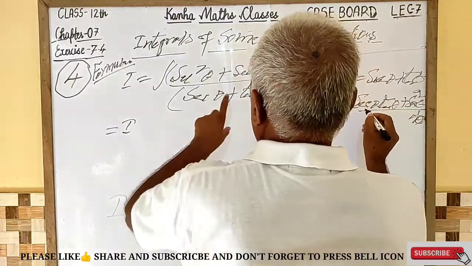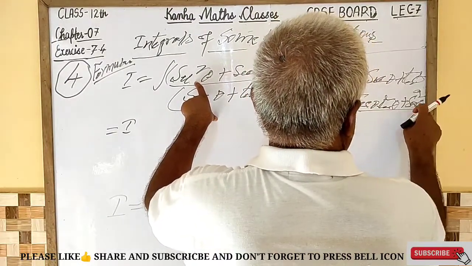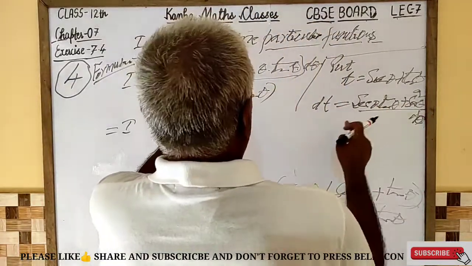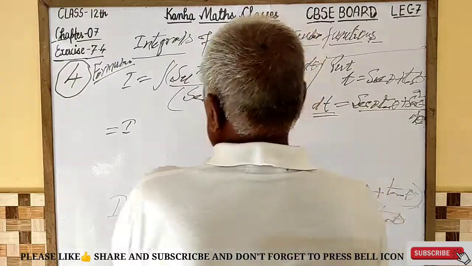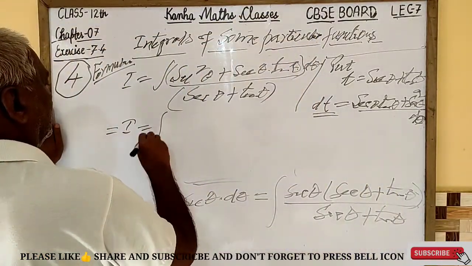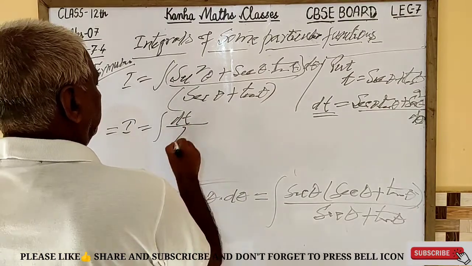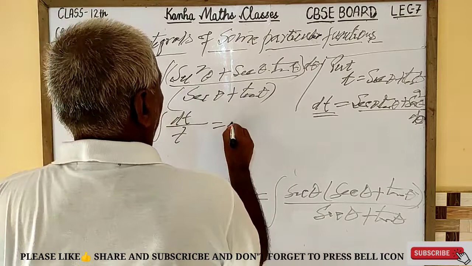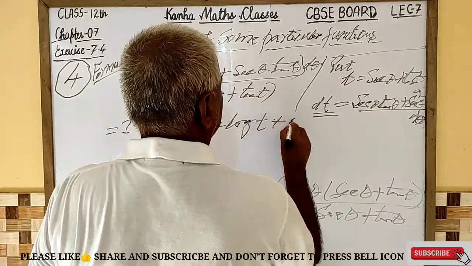Actually this is sec square theta plus sec theta tan theta. Sec square theta plus sec theta tan theta d theta is equal to dt only. Hence this is dt upon t. dt upon t means log t plus c.